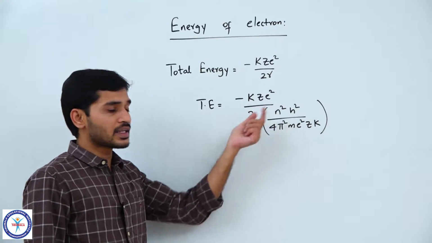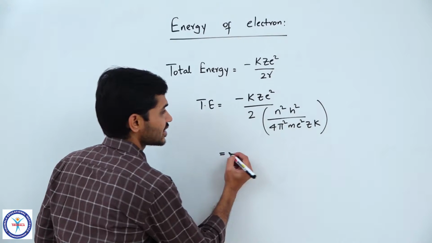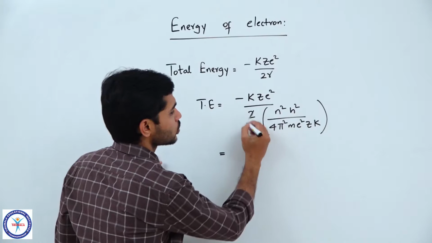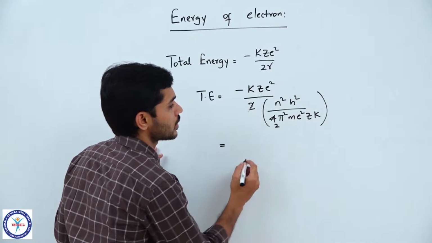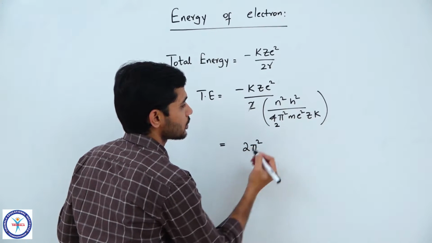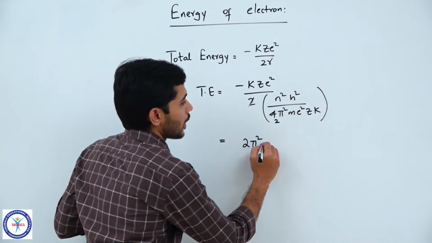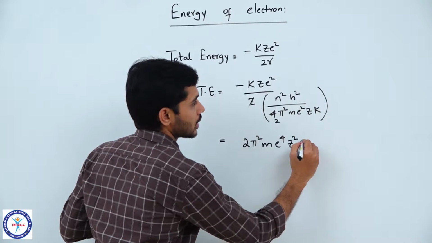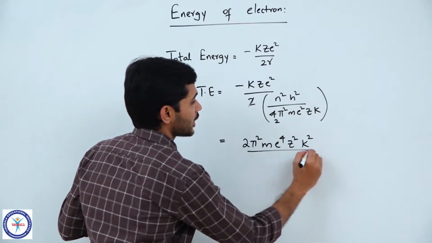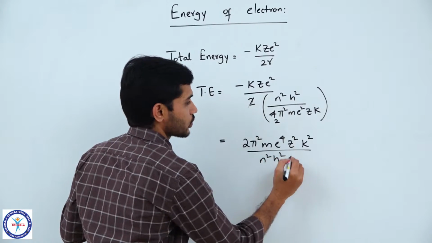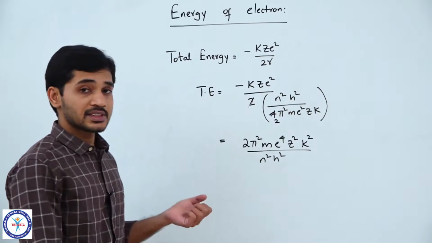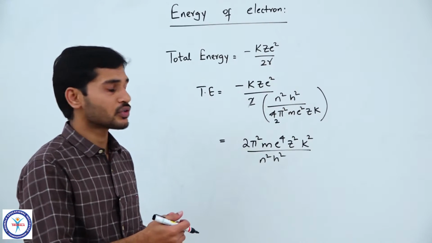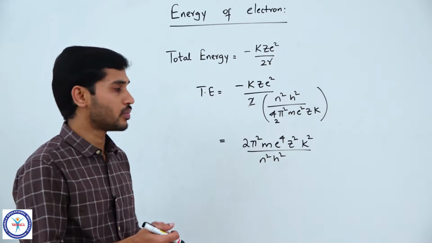When I rearrange the terms, you can just see that 2 and 2 get cancelled, and you would be getting 2 pi square m e power 4 Z square k square divided by n square h square. That is the expression which we get. You just rearrange the terms, do all these derivations on your own, you can easily do it by yourself.